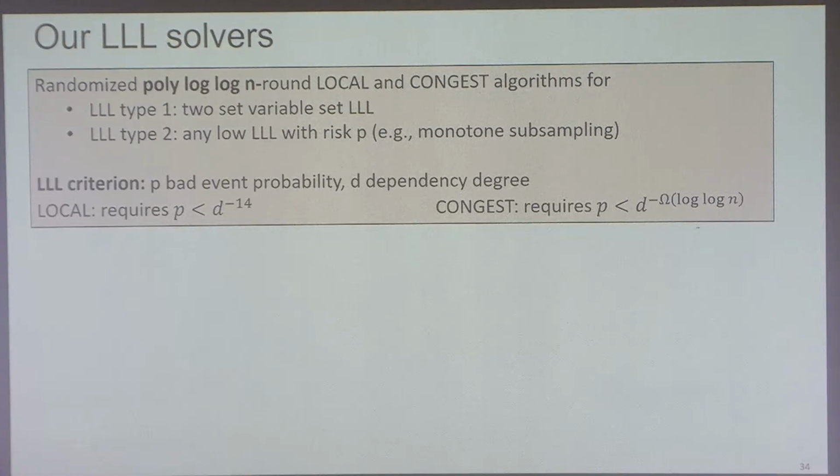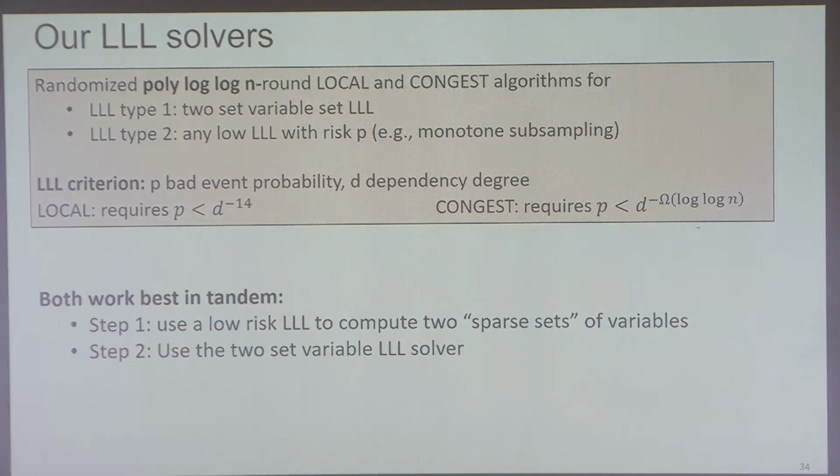And yeah, just for people who care, I also wrote down the precise LLL criteria under which these work, which are fairly standard in the field. But what I want to more highlight is that both of these LLLs actually work best when you use them in tandem. Right? You can use this sampling LLL to compute two sets of variables that you then use in the second type of LLL solver.